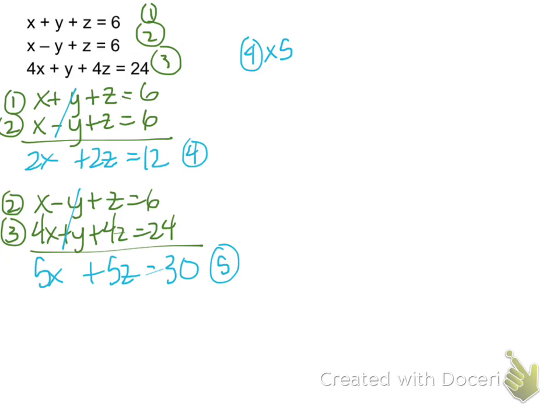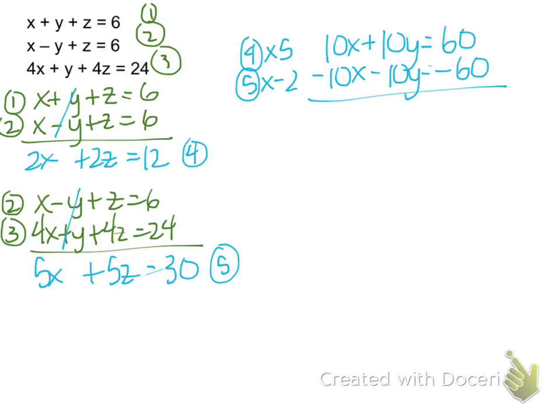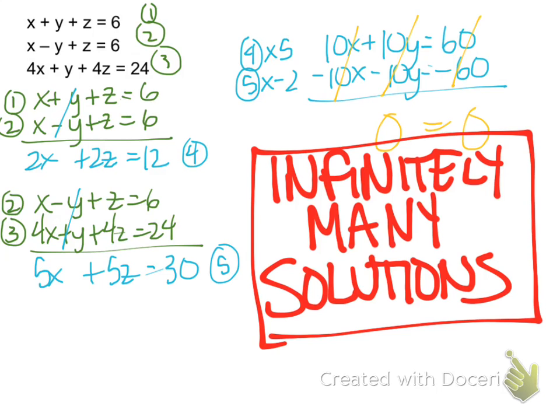So if I take equation 4 and multiply it by 5, and I take equation 5 and multiply it by a negative 2, well again, when I write these out, you'll be able to see that everything cancels, so you get 0 equals 0. And since this is true, you should know that the answer will be infinitely many solutions.